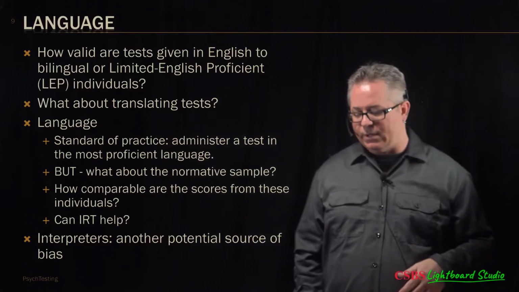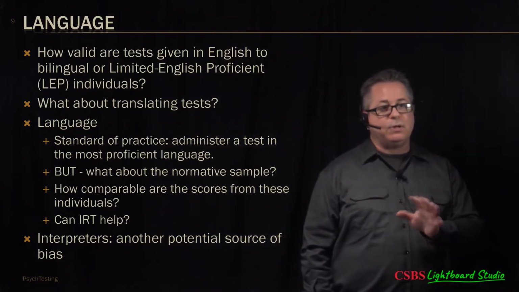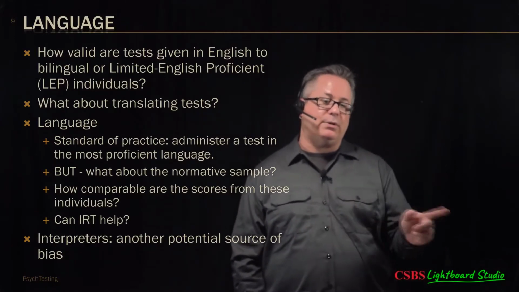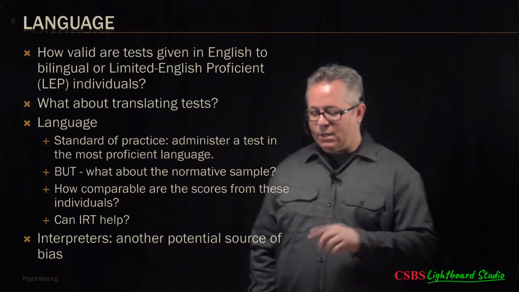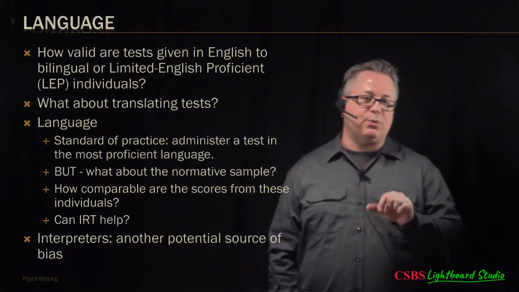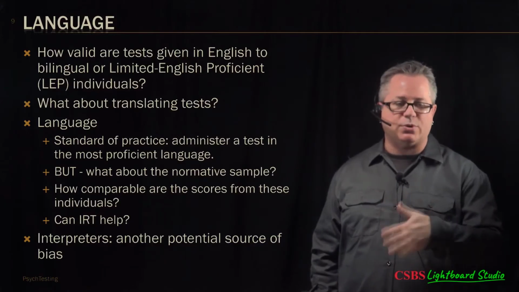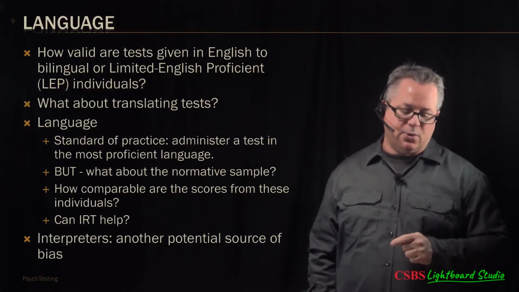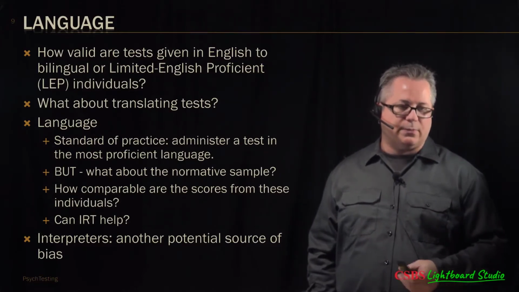They'll paraphrase or change the meaning, and sometimes it can lead to a lot of confusion and difficulties between people trying to communicate. So using an interpreter to translate between languages, that person can add to the error variability and be a source of error when trying to measure the test taker's actual true score.